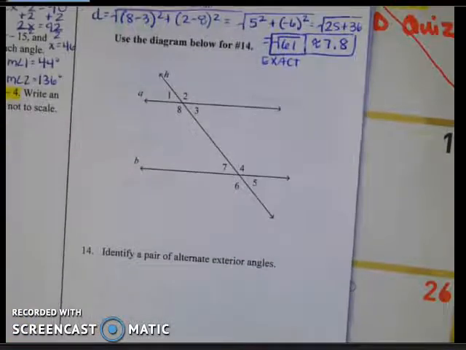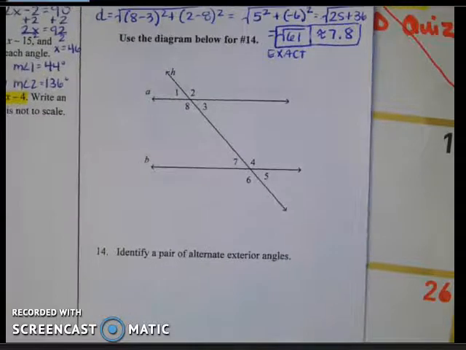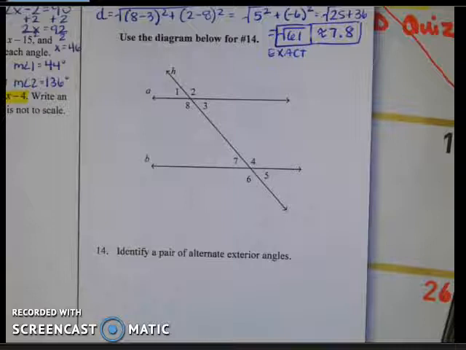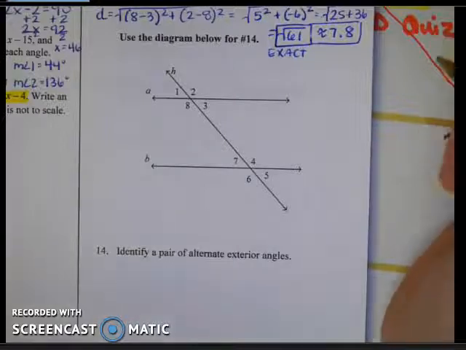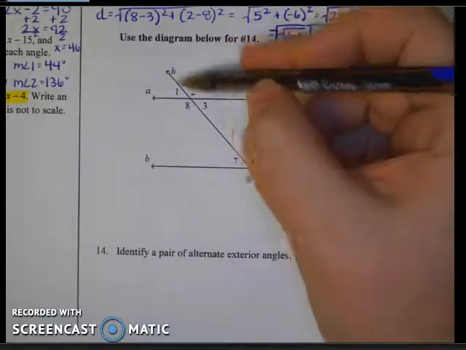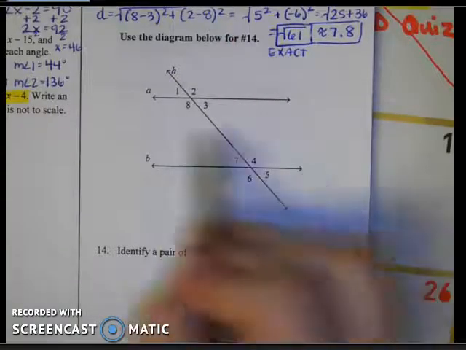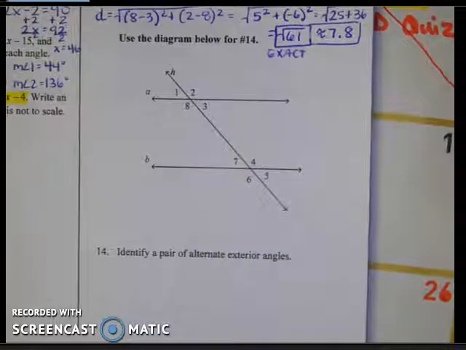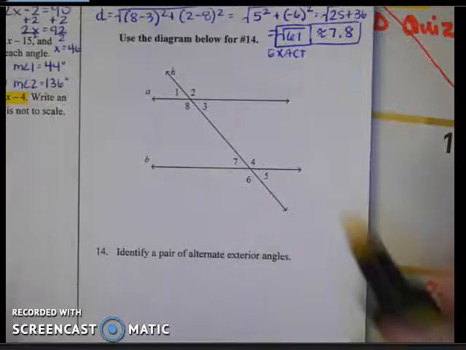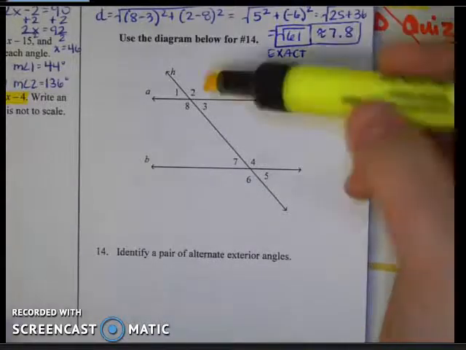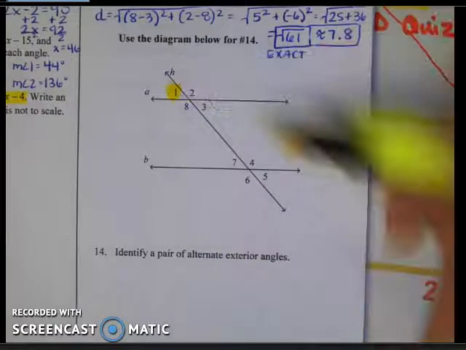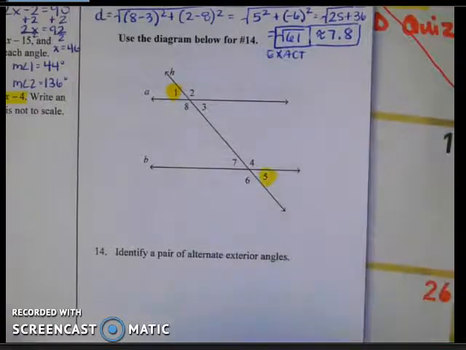Alrighty. Use the diagram below for number 14. Identify a pair of alternate exterior angles. Let's first remind ourselves that we need a transversal cutting at least two other lines. So H is my transversal, and I'm going to look for the relationship with A and B. Exterior angles are anything on the outside of lines A and B. So angle 1 is on the exterior, and its alternate or opposite is 5.